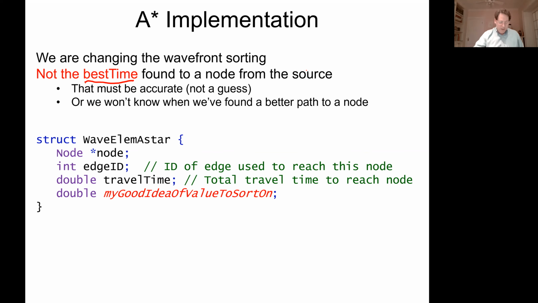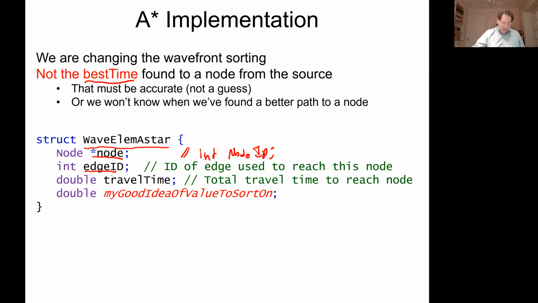So a good way to do this is this wavefront, the data we're putting on it keeps getting a little more complicated. So here's a new data structure that we could use, wave element A star. We still have a pointer to a node so we can look up information about our intersections, or if you want, you could use an integer ID. Given how you've set up most of your data structures in milestone 1, an integer node ID may in fact be more convenient, so that's fine.